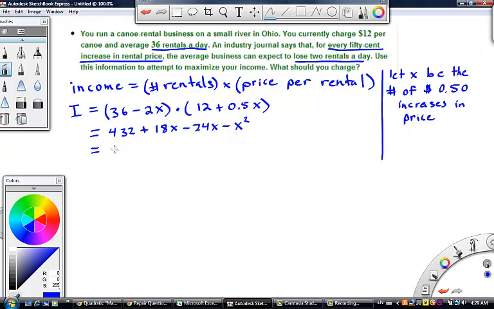If we gather like terms and write this in the proper order, put the minus x squared first, it will be minus x squared minus 6x plus 432.